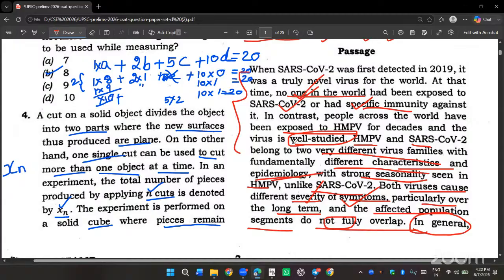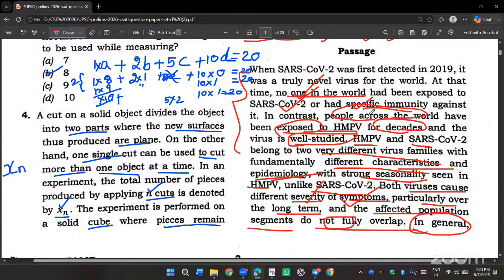But for the first time, what happened? We did not know about it. We panicked. No one knew of it. We were exposed to this for decades. That means a long period. Decades, long period. Exposed, keyword.